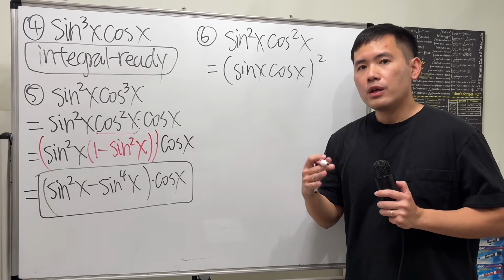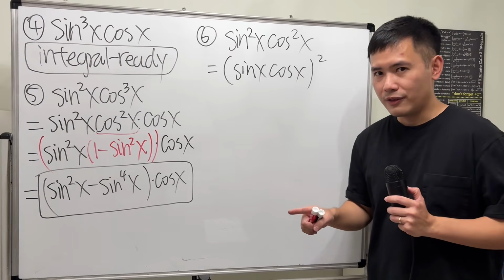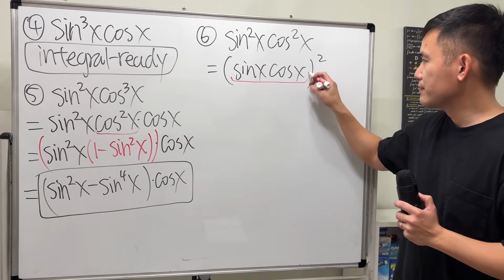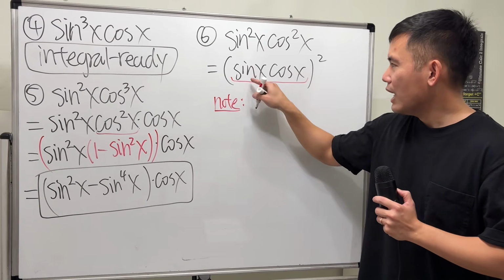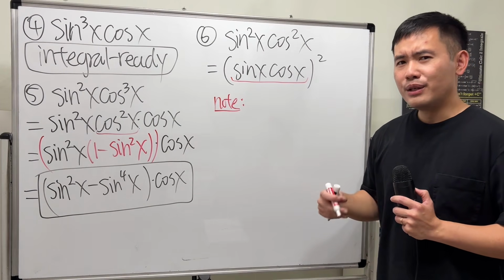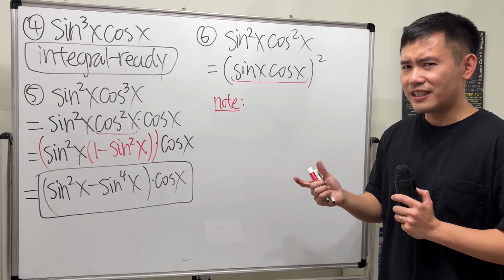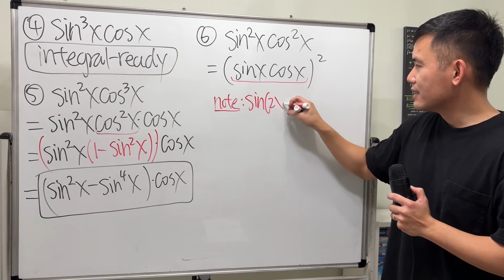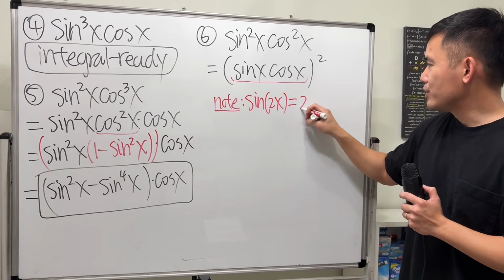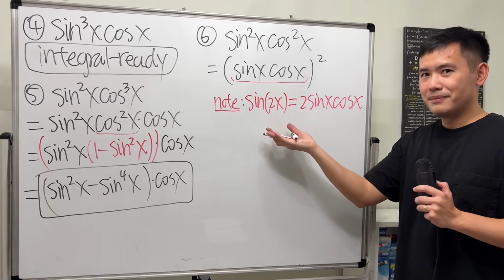Here though, you can use the power reduction that I showed you earlier, or you can also do the following. Check this out. Note, when you have sine x times cosine x, that kind of reminds you of the double angle identity for sine, yeah? Because if you have sine of 2x, this is the same as 2 sine x times cosine x, isn't it?